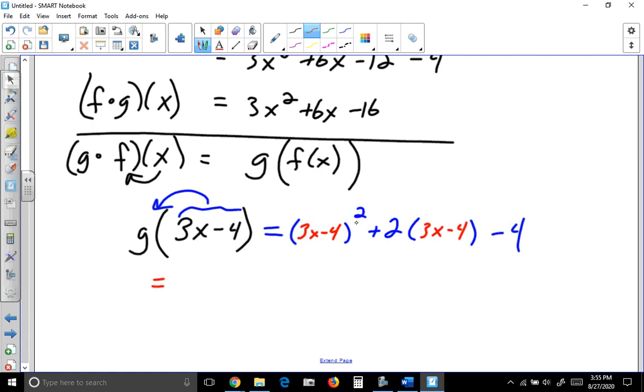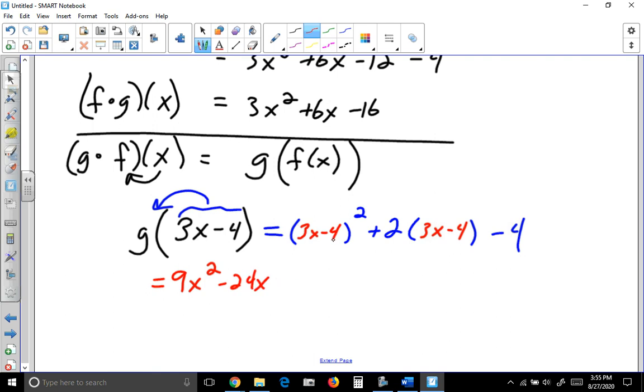Alright, so if we do our exponent, we're squaring a binomial, so you can write 3x minus 4 times 3x minus 4 and multiply that out. Or the shortcut is to square the first one, so 3x squared, 3x times 3x, 9x squared. It's their product, negative 4 times 3, so negative 12x twice.